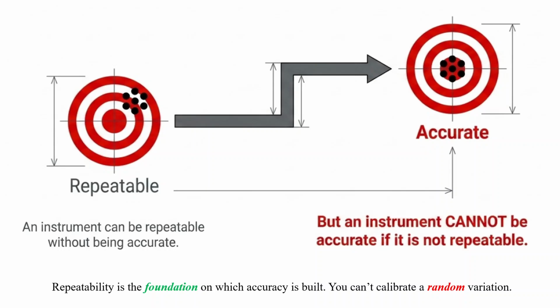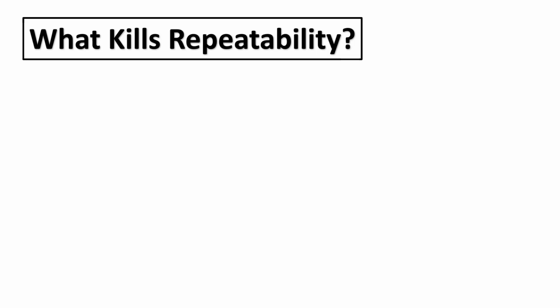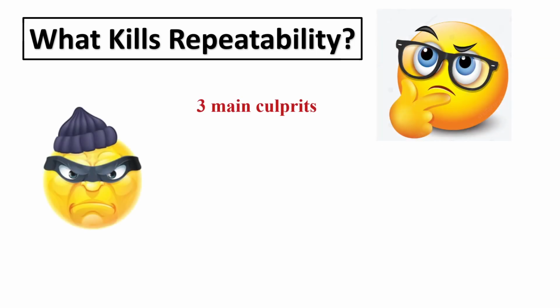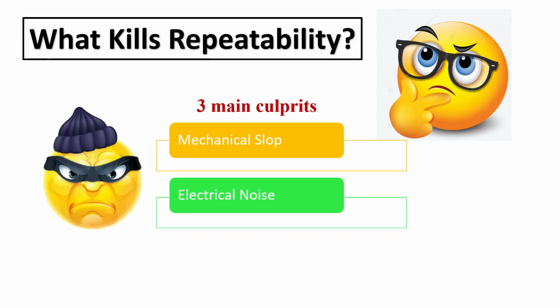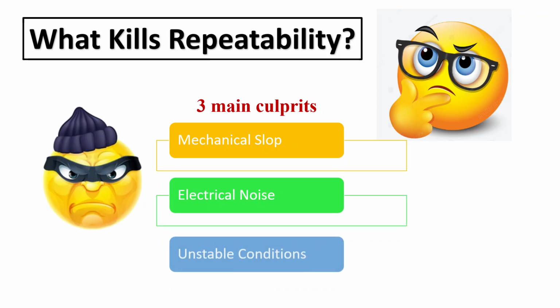So, now the natural question is, what breaks repeatability? What causes those scattered, unpredictable readings? The slide breaks it down into 3 main culprits, and I want to go through each one because you will encounter all of them in the field.